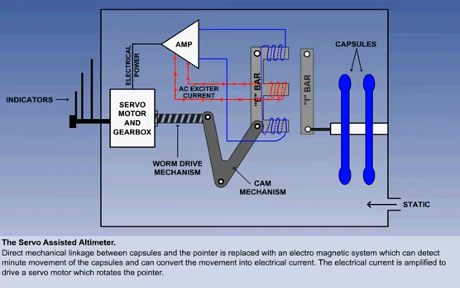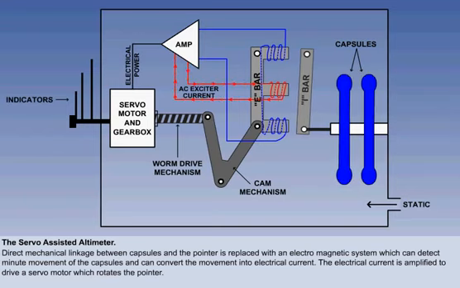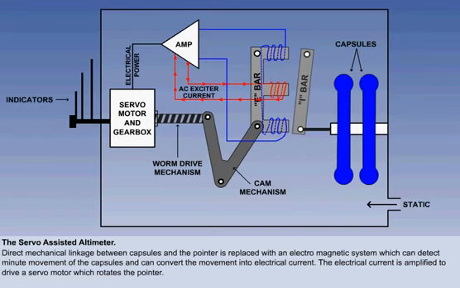When the capsules expand or contract with changes in altitude, they move the I-bar on its pivot, and the gap between the I-bar and E-bar will change. This causes an imbalance in the magnetic fields, and an electrical current will flow in the circuit.